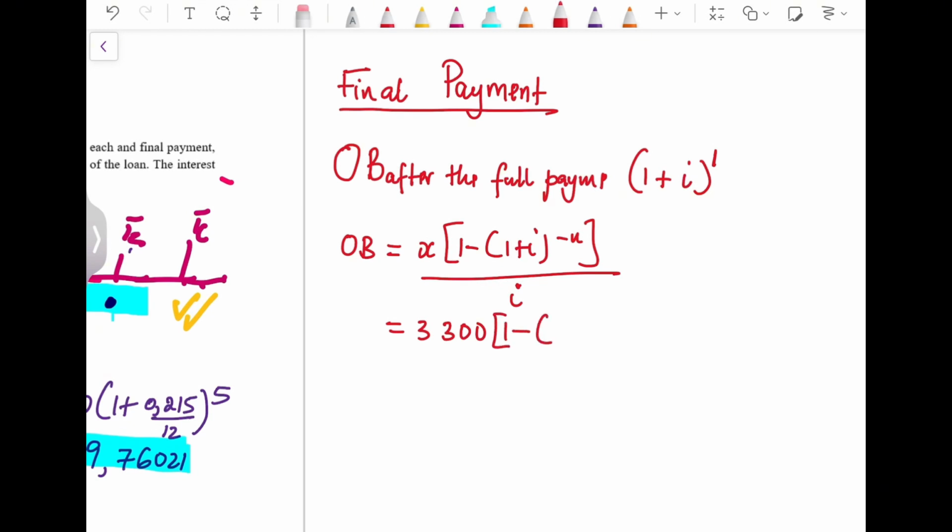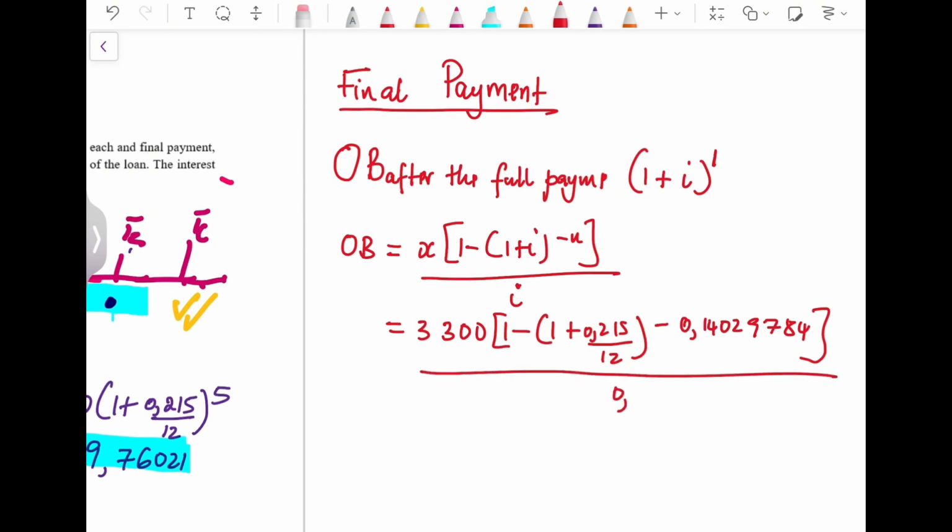So our X is 3,300 into 1 minus (1 plus 0,215 over 12). Now, how many payments are remaining? So you just take your number of payments and subtract 16. So you will get 0,14029784, and then all over 0,215 over 12.